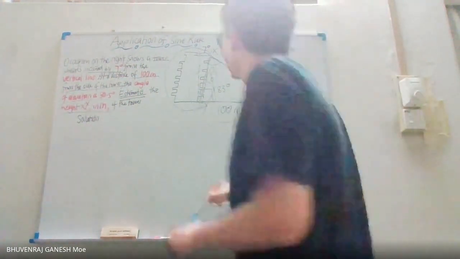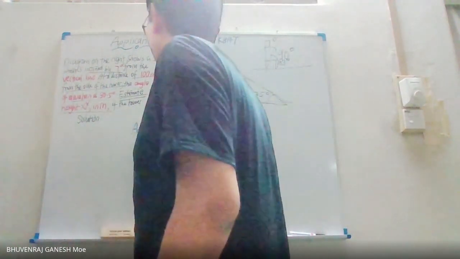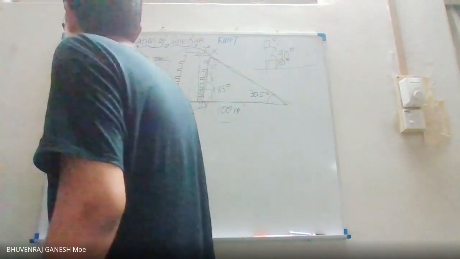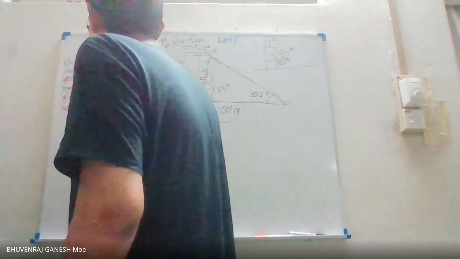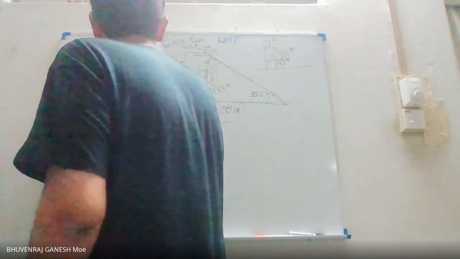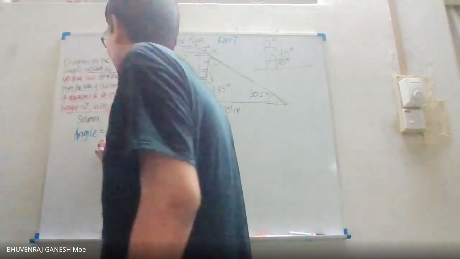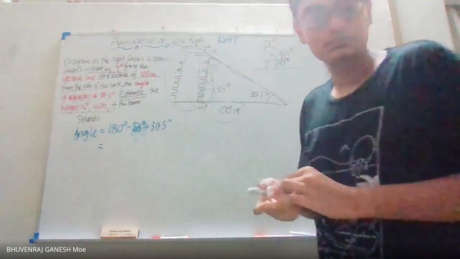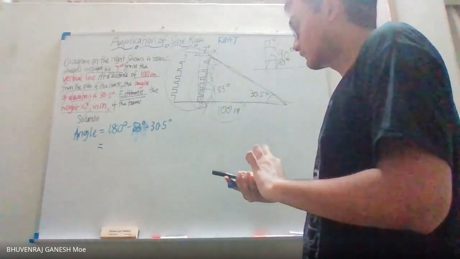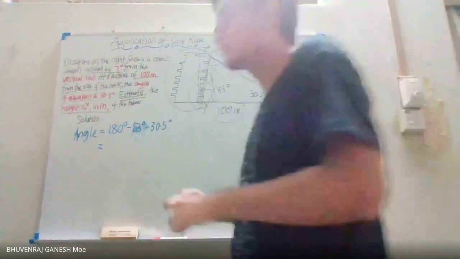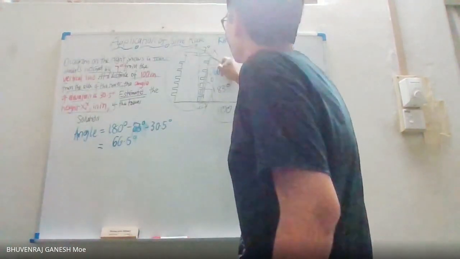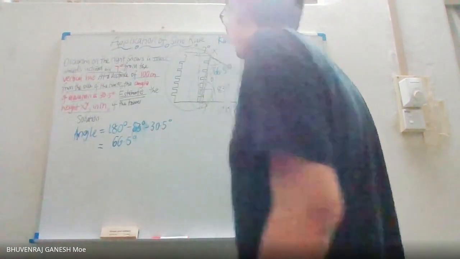To find the angle, we take 180 degrees minus 83 degrees minus 30.5 degrees. 180 minus 83 minus 30.5 is 66.5. So the angle here is 66.5, this angle over here. And then we are going to apply the sine rule.